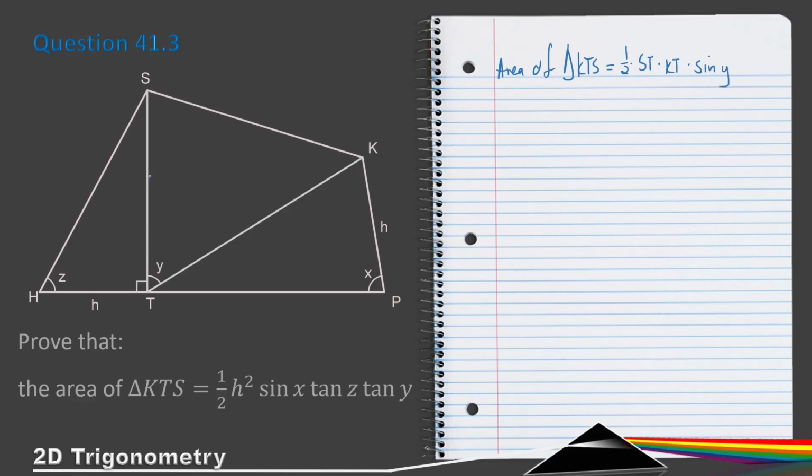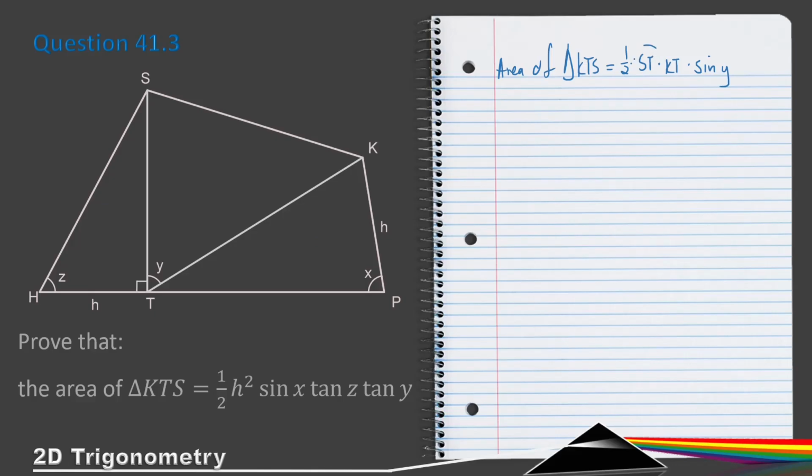So basically we see that our formula here contains an h. That's the side there and that side over there as well. So we're going to find ST in terms of h, and KT in terms of h. This one is in a right angle triangle, that one is not.